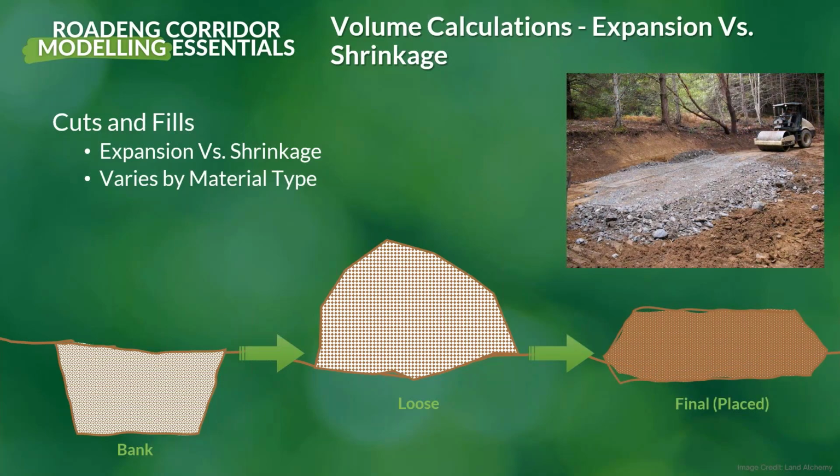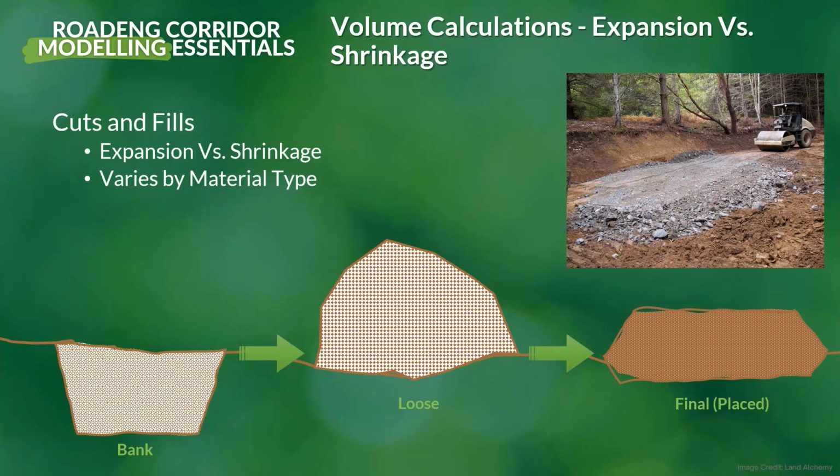And each material, whether that be rock, clay, gravel, you name it, has different behaviors in these different states. It's really important for the software to be able to account for these changes in volumes by material as we transition between these states.